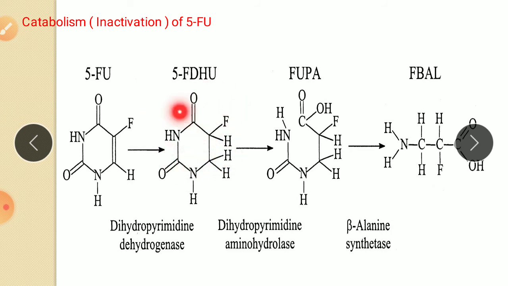Then hydrolysis by the enzyme dihydropyrimidine aminohydrolase forms fluoroureidopropionic acid. There are 3 carbons, 1 2 3, in propionic acid. Then hydrolysis here forms fluoro beta alanine by the enzyme beta alanine synthase.